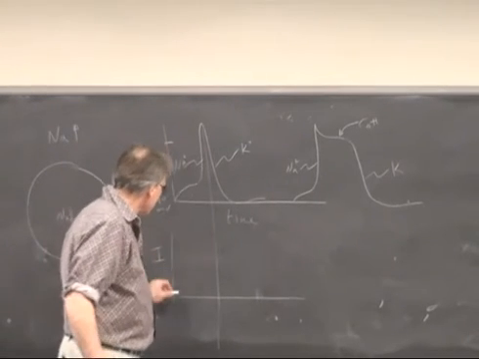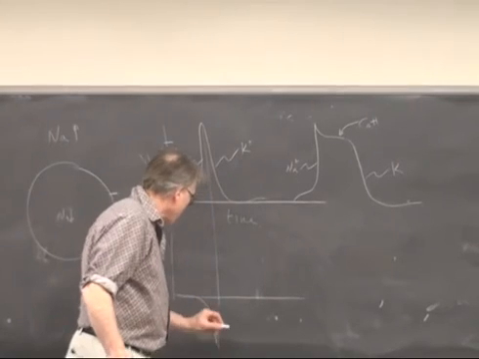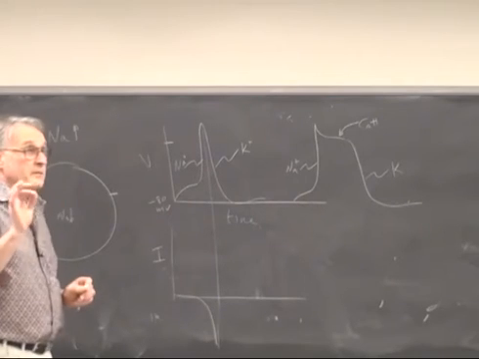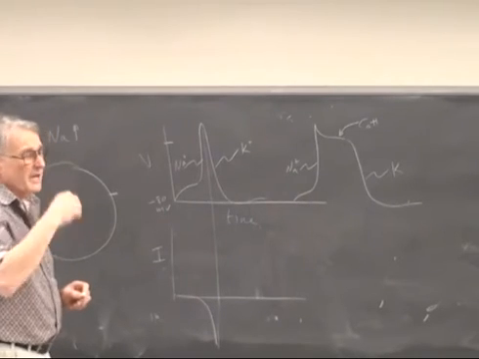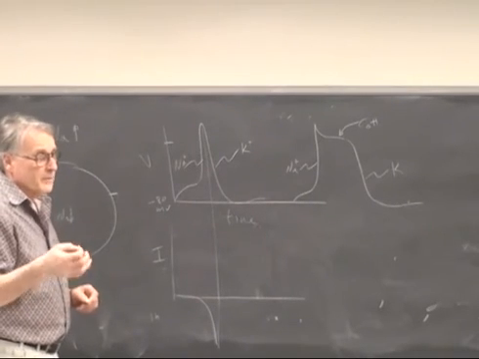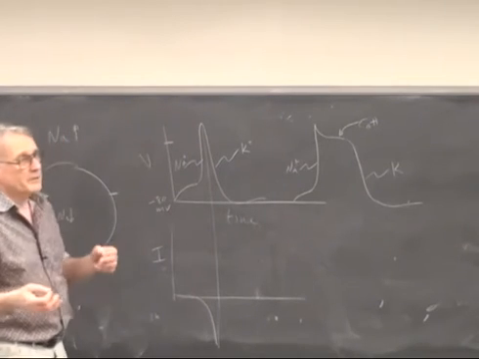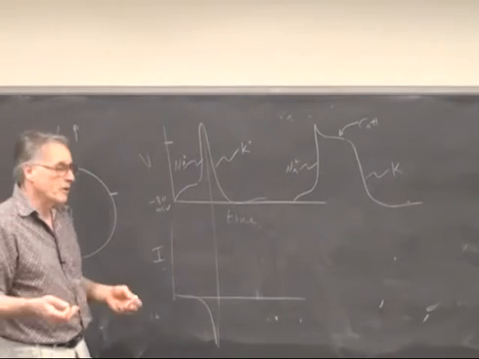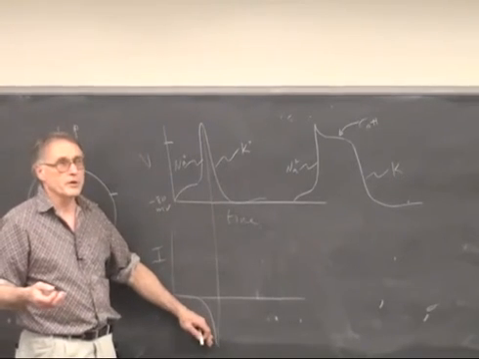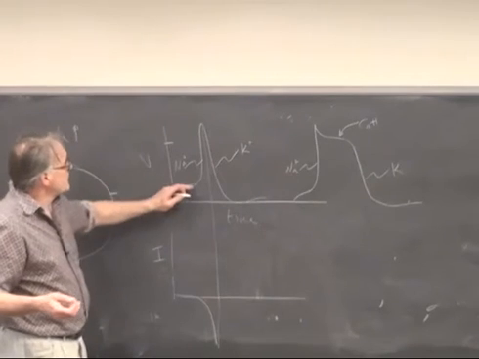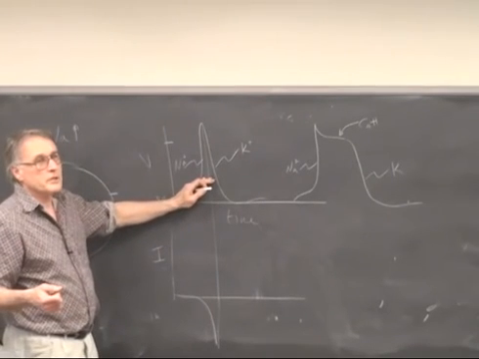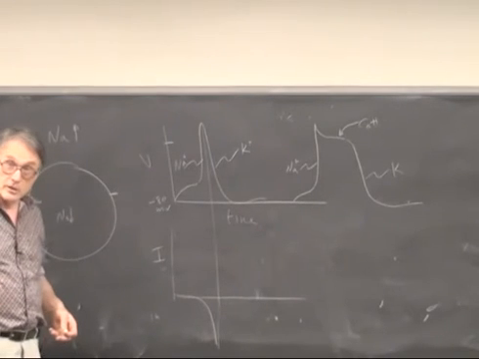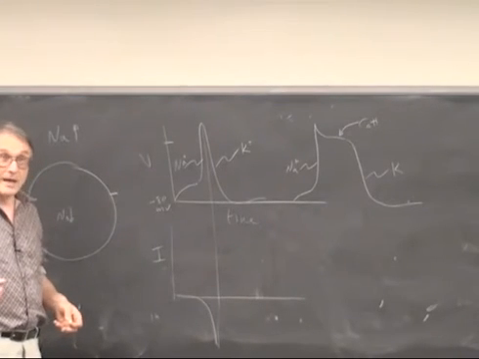There's a fast sodium current that occurs at depolarization. I'll talk about this in more detail, but in some sense it's like lighting a fuse. It's an explosion. There's an exponential increase in current because the depolarization opens the channels which cause more depolarization. So there's a positive feedback.